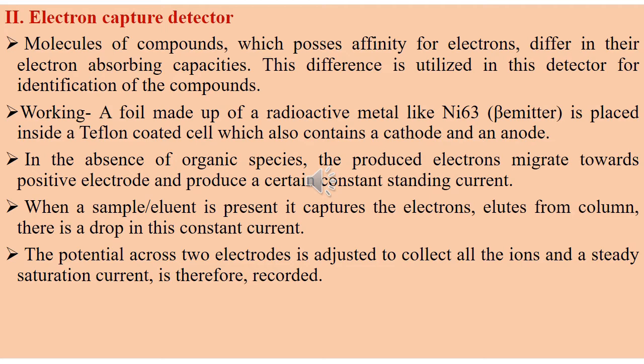In the absence of organic species, the produced electrons migrate towards the positive electrode and produce a certain constant standing current. When a sample or eluent elutes from the column, it captures the electrons. There is a drop in this constant current. The potential across the two electrodes is adjusted to collect all the ions, and a steady saturation current is therefore recorded.